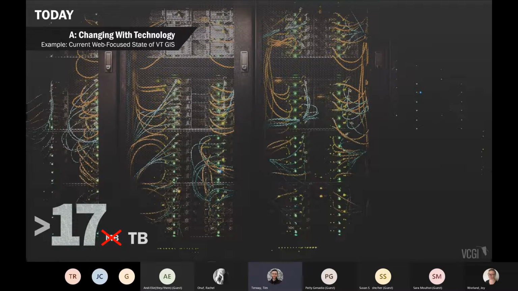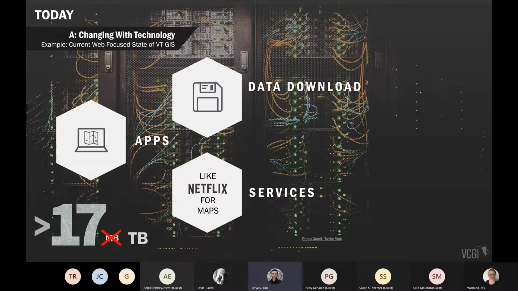That's all basically served via servers that give information over internet connections, right? So people primarily are accessing our information through applications, as I mentioned before. You can also download data over internet connection, but one way I'd like to characterize what we present is something like Netflix or Maps, in that you no longer go to the video store to rent the video, right?